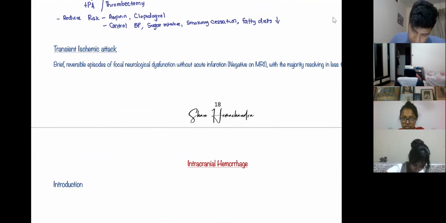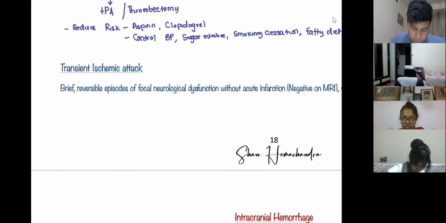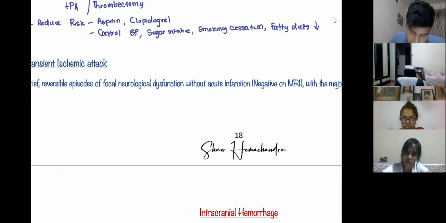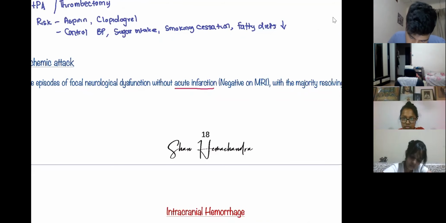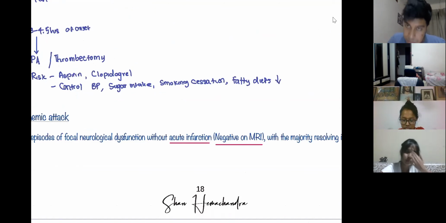Now, next, this is called a transient ischemic attack. Name tells it all. Brief, reversible episodes of focal neurological dysfunction without acute infarction. There's no death of cells, so you won't see it on MRI.